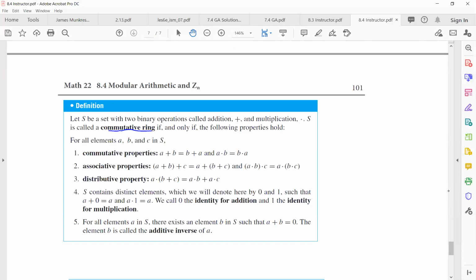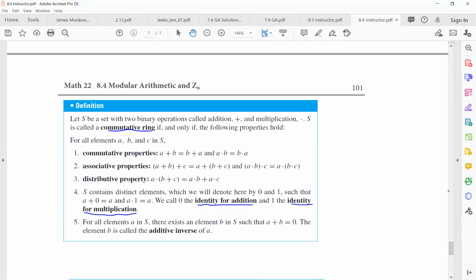We have the distributive property. You can distribute multiplication over addition. a times (b plus c) is ab plus ac. You also have an identity for addition and an identity for multiplication. The identity for addition is actually 0, a plus 0 is a, and the identity for multiplication is nothing but 1. a times 1 is equal to a.